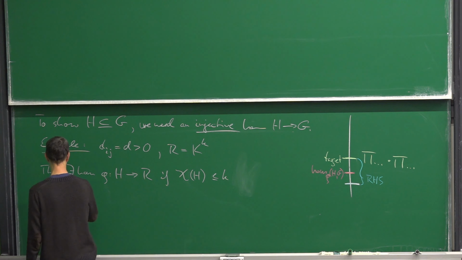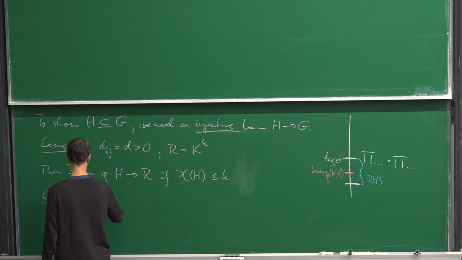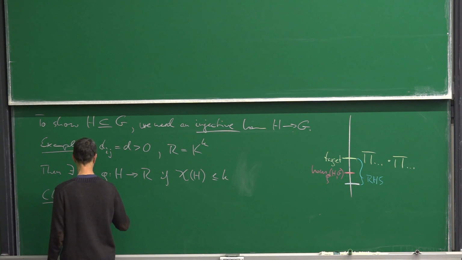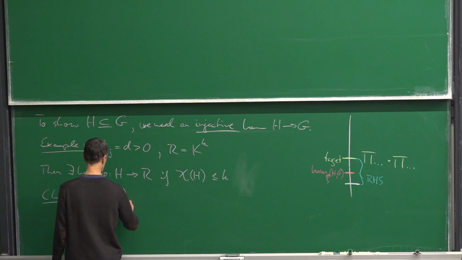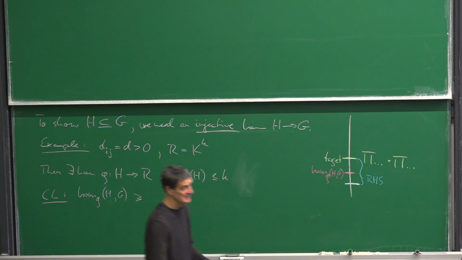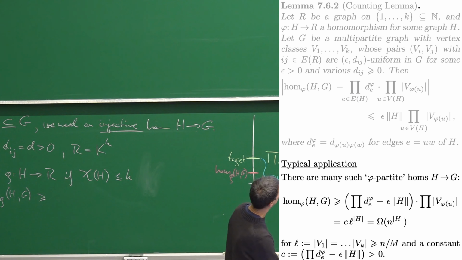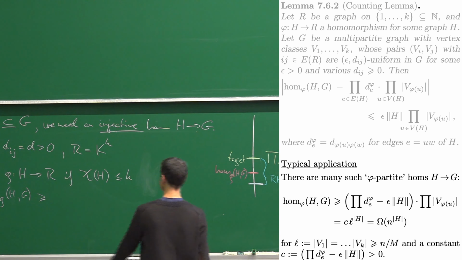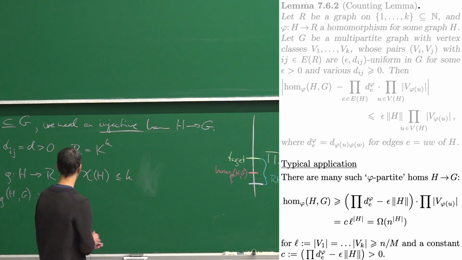Counting lemma: hom phi of H, G is at least, now let's look again. Let me just do the big bracket. So the product of all the densities, all the densities are now the same, right?